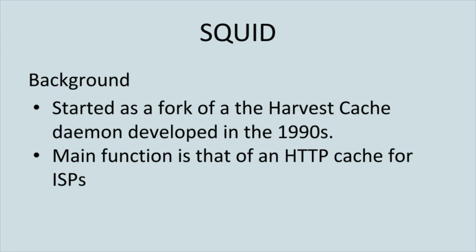Squid's main function is that of an HTTP cache for internet service providers. Currently, Squid only has full functionality to support HTTP 1.0. However, the developers believe they will soon be able to have a full implementation of HTTP 1.1 functionality, thus making it more available for all sorts of internet websites.